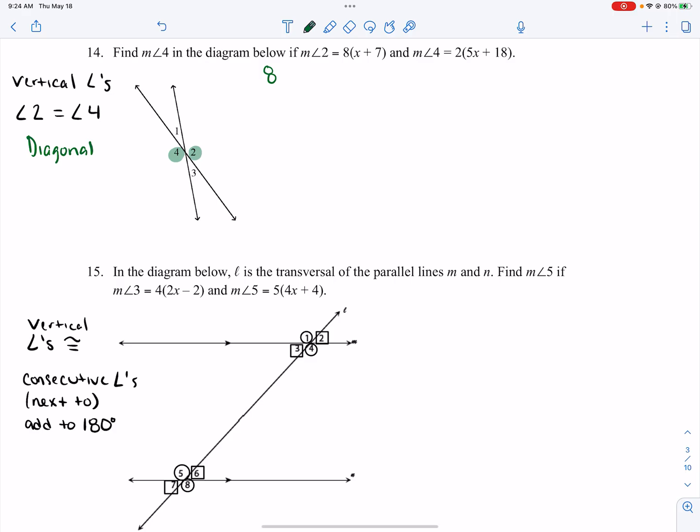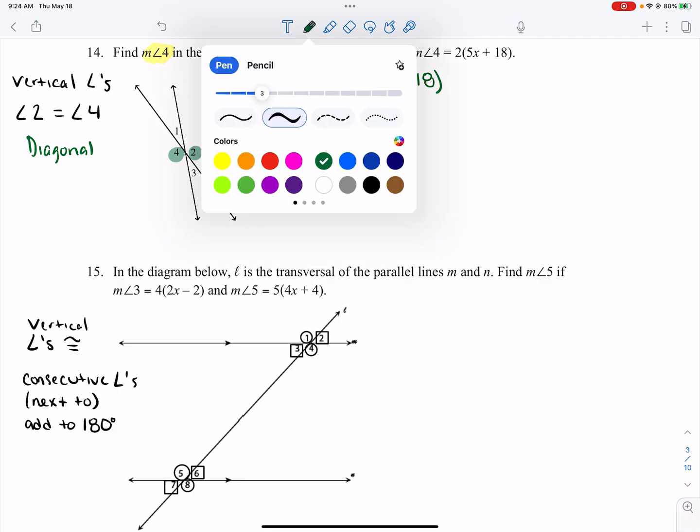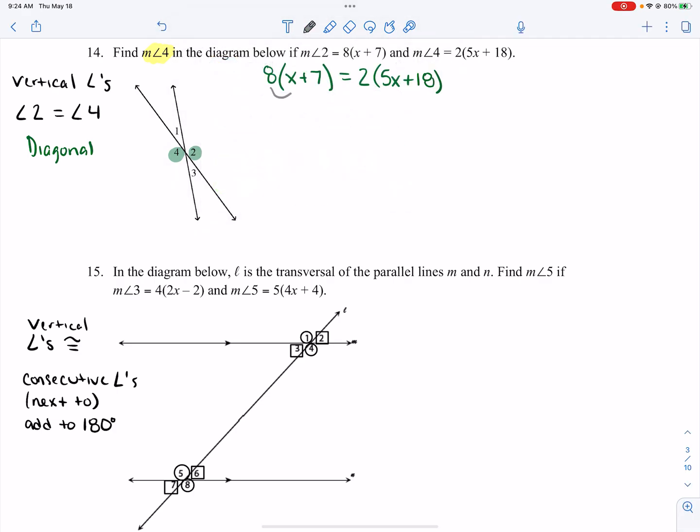And then I'm also going to highlight, I want to find the measure of angle 4. So again, we're going to solve for x, but then we have to plug in. So 8 times x plus 7 equals 2 times 5x plus 18. I have to distribute, and don't forget you're distributing to both things inside the parentheses.